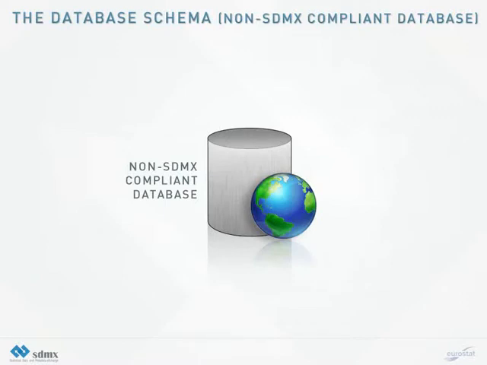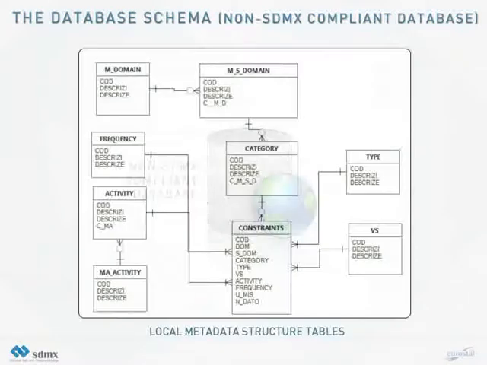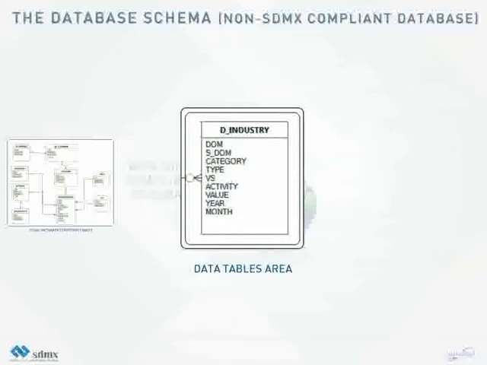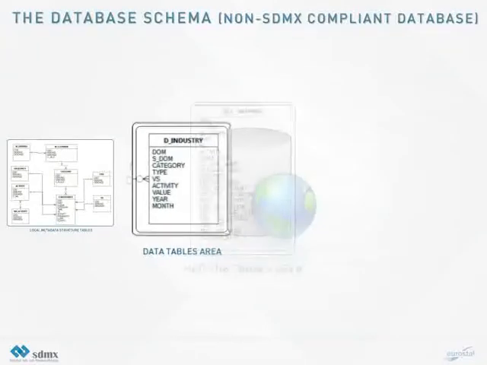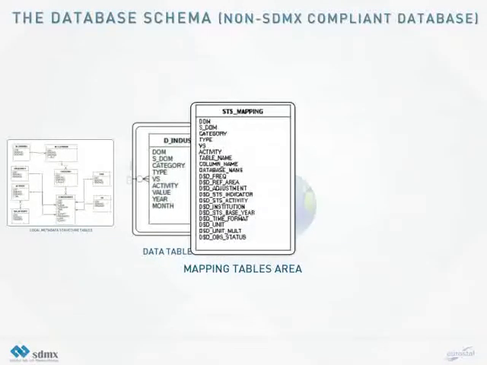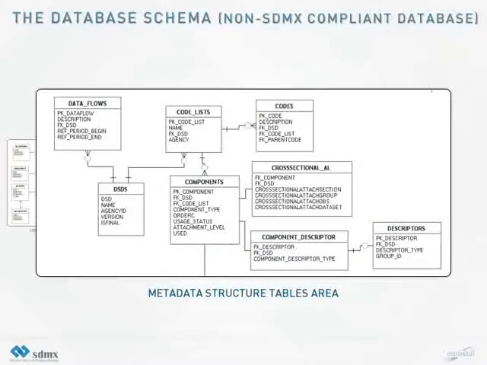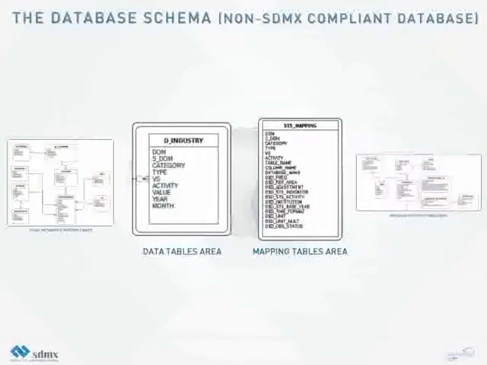It is composed of the following conceptual areas: local metadata structure tables area, tables containing local structural metadata; data tables area, tables containing data described by the local concepts; mapping tables area, tables containing the mapping done for all the concepts and values between the SDMX information model structures and the local database structure; and finally, metadata structure tables area, tables containing DSD structural metadata as in the previous case.